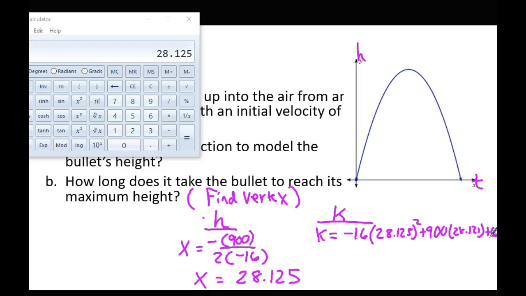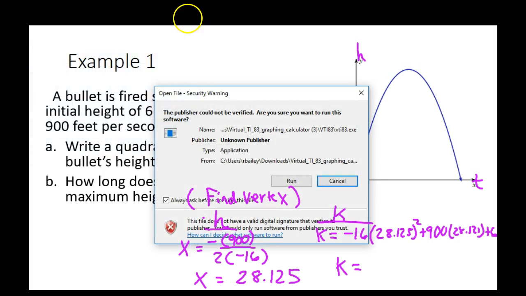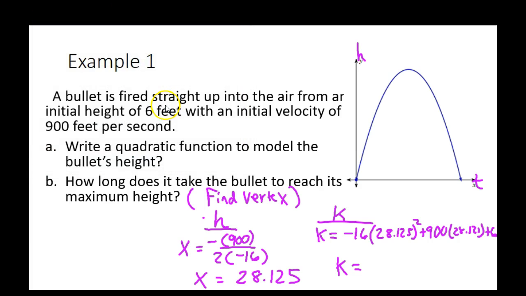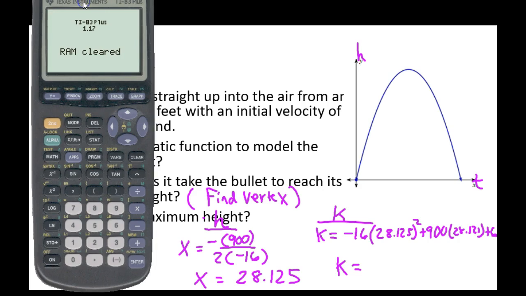Let's go ahead and calculate that out. I'm going to use a different calculator, but you guys might want to try it as well. These graphing calculators are kind of nice. I think some of your cell phones even do this. You can just type the whole equation right in.